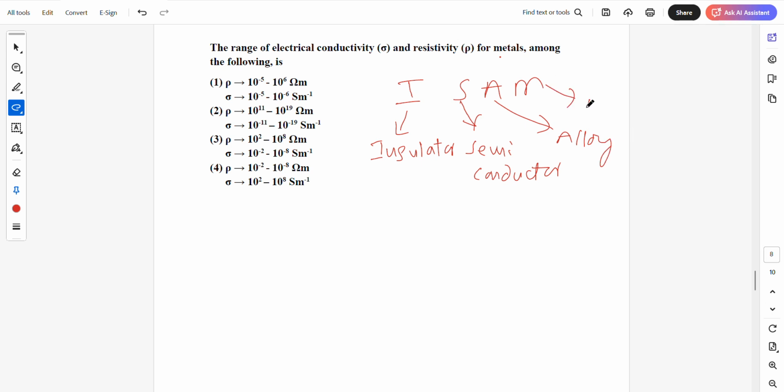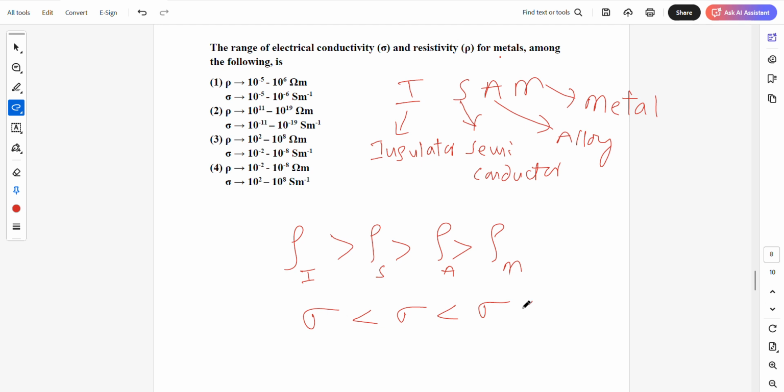M is metals. Understood? I SAM. This is resistivity, always greater than. I S A M resistivity. Conductivity will be less than.